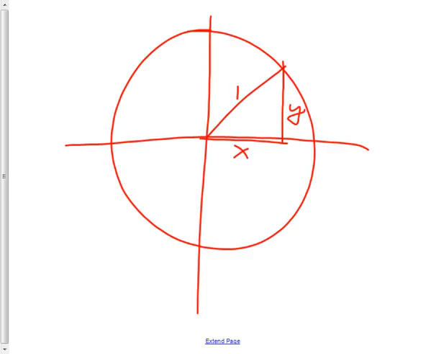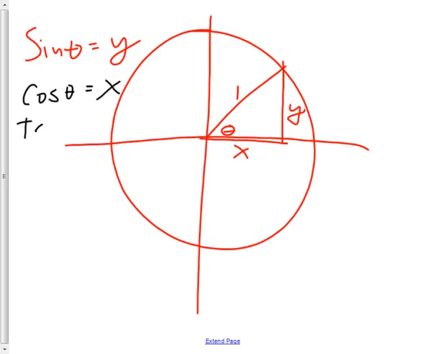Then, if I do sine of theta, this being theta, sine would be opposite over hypotenuse, which would be y over 1, which would be y. What's cosine then? X. Yep. Because cosine of theta would be adjacent over hypotenuse, x over 1, which is x. And the last would be tangent, which would be y over x.